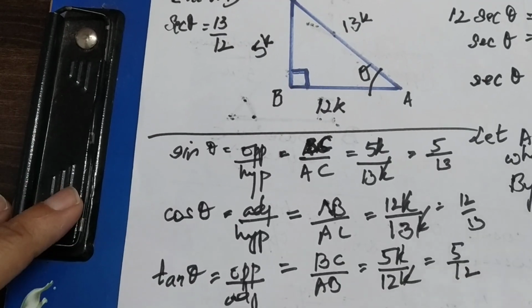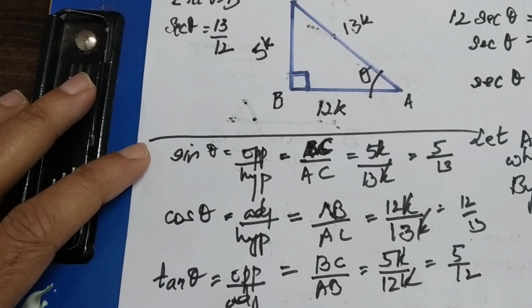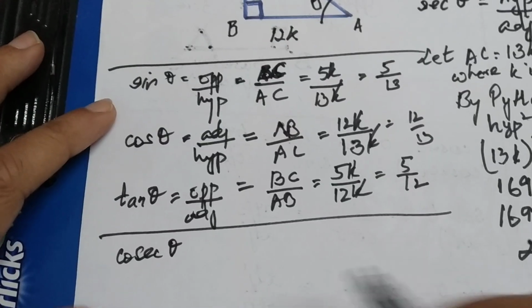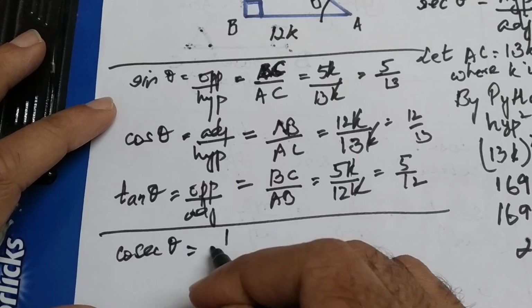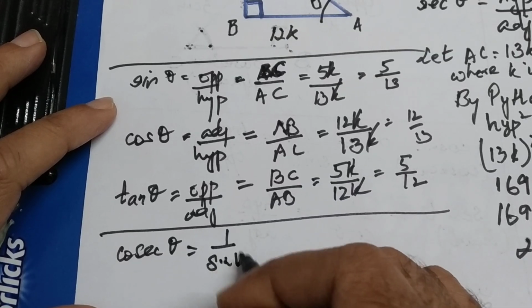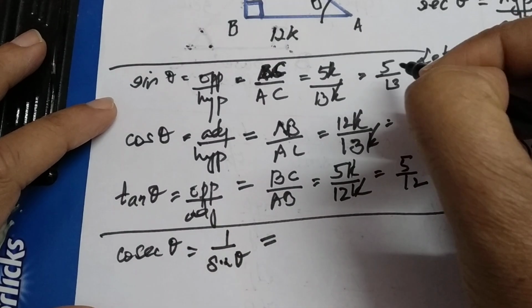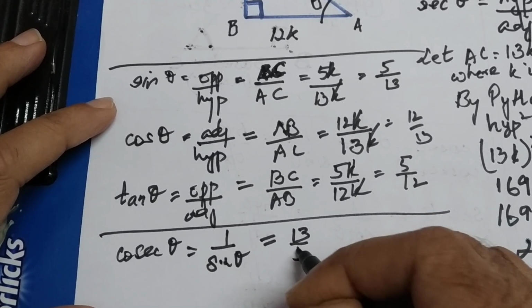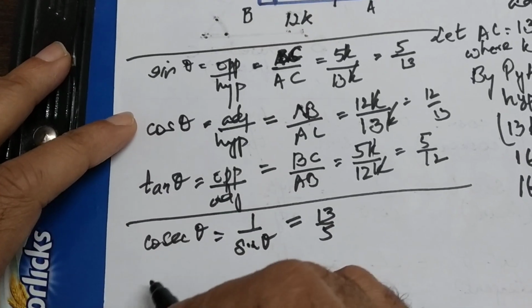Since we have sine, cos and tan, it's easy to find out the inverse of these. So cosec theta will be equal to 1 by sine theta, and we know sine theta is 5 by 13, so this will be 13 by 5. You just have to invert that.